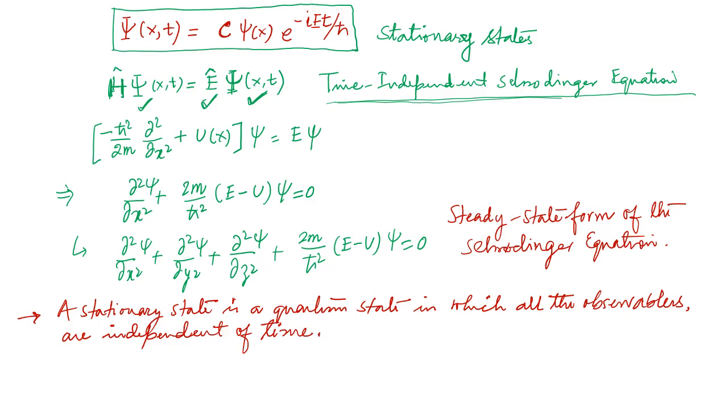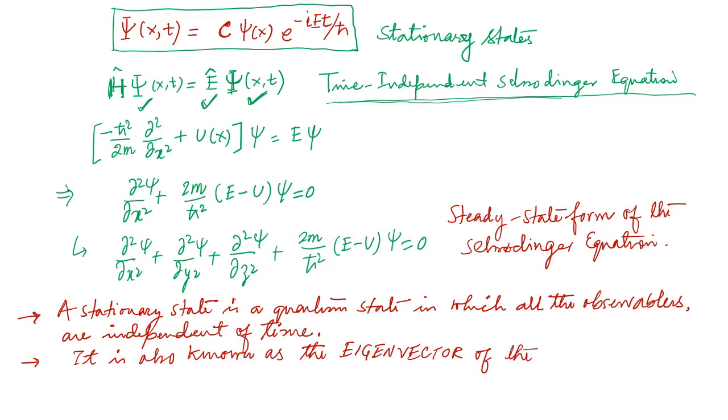It is also known as the eigenvector of the Hamiltonian H. All the states correspond to a single definite energy, and that's called the eigenvalue.